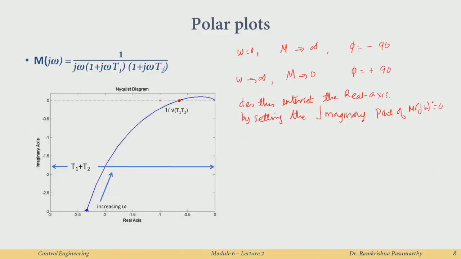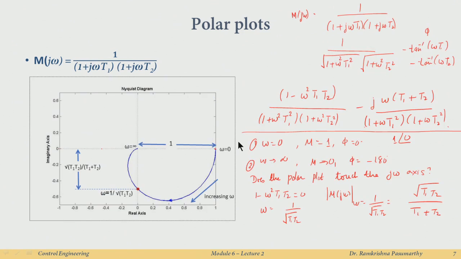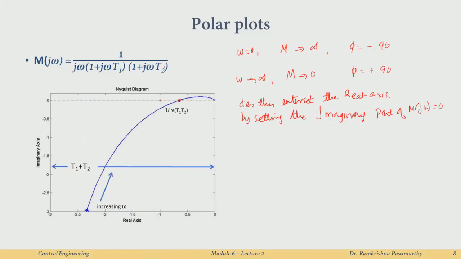I'll skip those expressions, since you can easily do this. To this magnitude, what you do is just add 1 over j omega. If I add a 1 over j omega, this term will become my imaginary part now because of this j. Let's quickly do this.